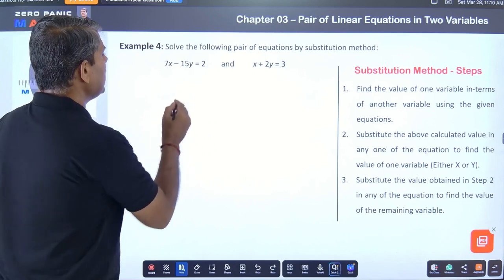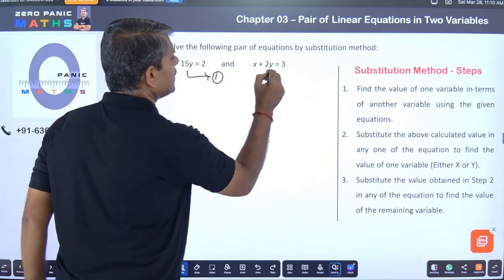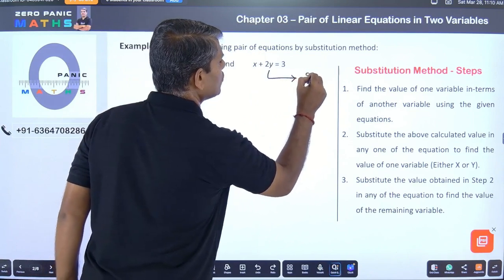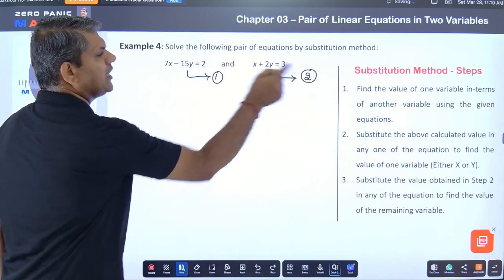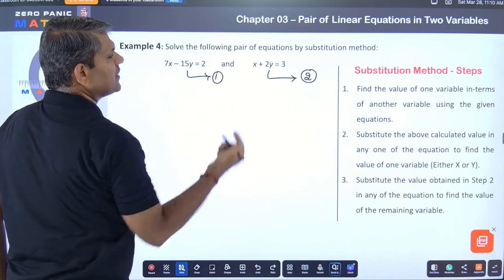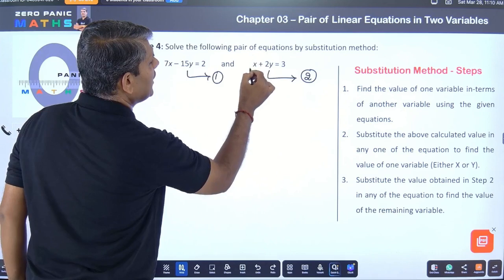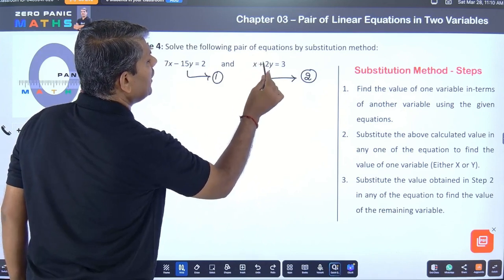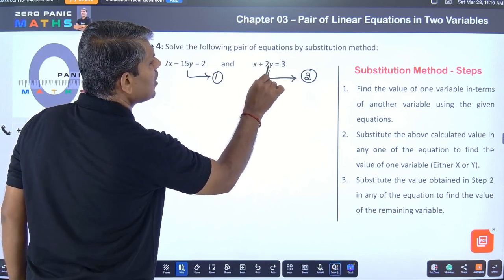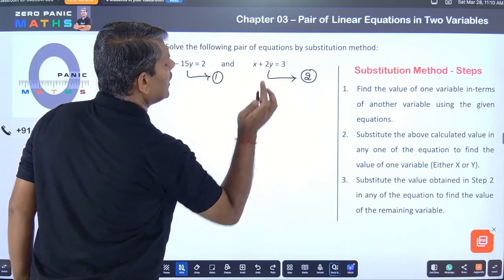Assuming this is our equation 1 and this is our equation 2, let us perform the first step. I'll take the second equation, because you can see that in the second equation x is a single variable, wherein I can find x in terms of y by transferring 2y to the right side.